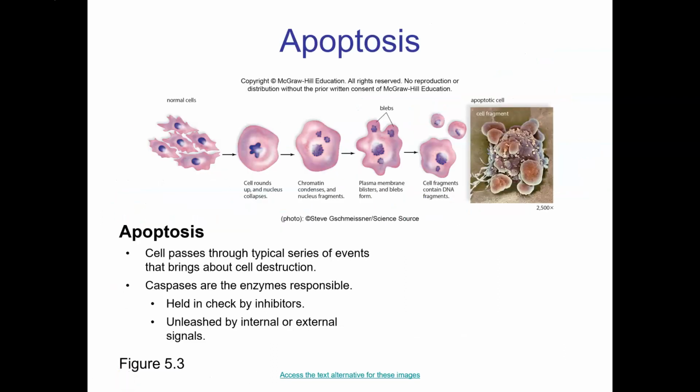So this is apoptosis. There are a series of events that occur that lead to apoptosis. Specifically, we have enzymes that initiate the apoptosis process. Apoptosis is held in check by different proteins called inhibitors. And when they are stimulated, they will be secreted and activate the apoptosis that we see.